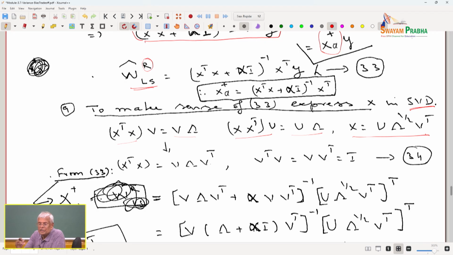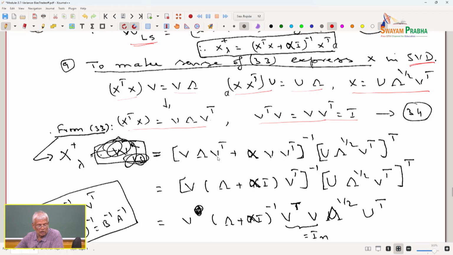Please understand, we did this when we did the ordinary least squares, where we introduced the method of matrix decomposition and the SVD. So, before you come to statistical least squares, you already know and fall back on the knowledge we have already done. So, x transpose x is equal to v lambda v transpose, and v v transpose is I. They are orthogonal matrices.